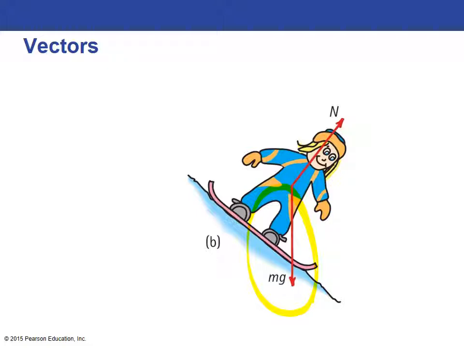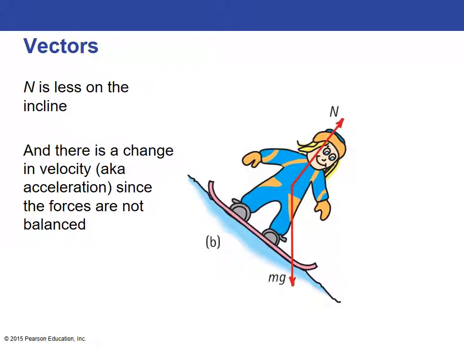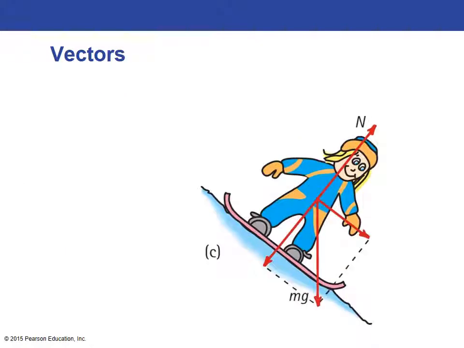We're not in balance anymore, and somewhere we can split this up into component forces and show the force that is pushing her downhill. There's a change in velocity, and that is our definition of acceleration. The forces are not balanced.